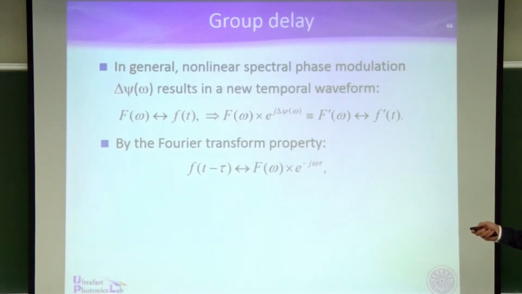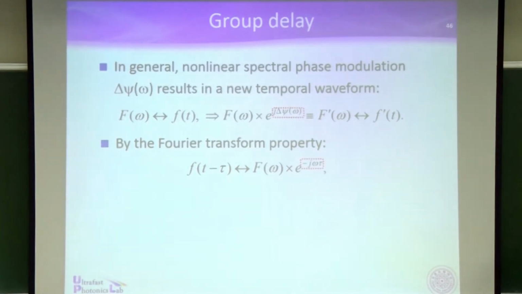We know a shift in the time domain, okay, f of t minus tau is the same shape but displaced by a distance tau in the time domain. The spectrum is the original big F spectrum times a linear spectral phase modulation function, e to the minus j omega tau. Okay, that is what we have known before.